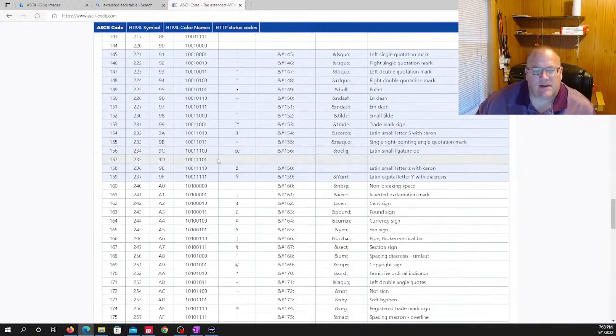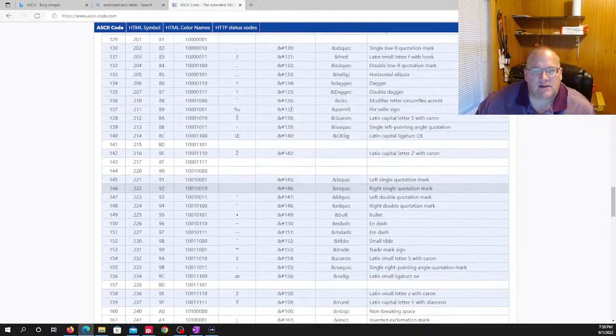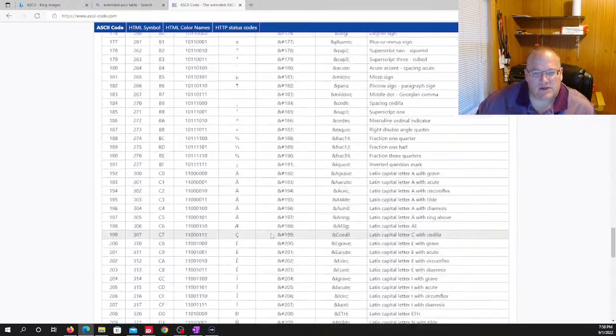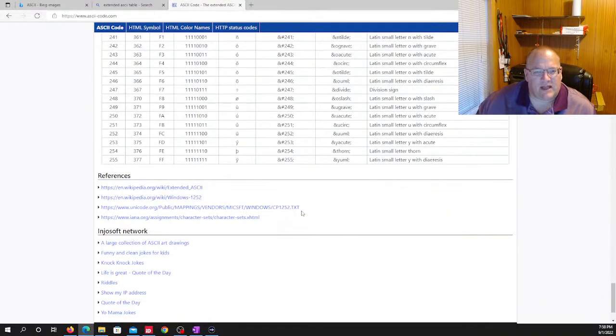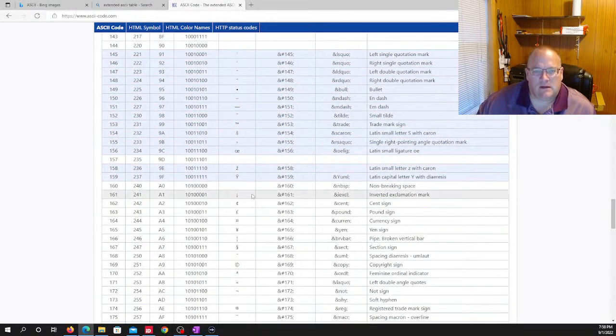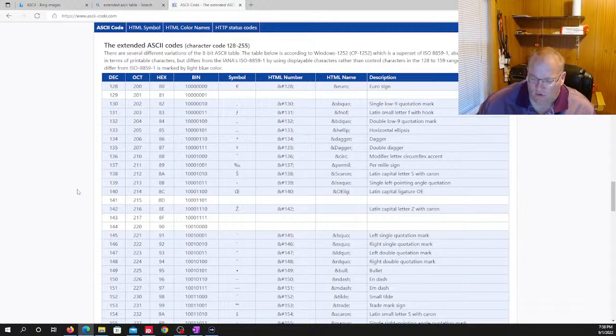Maybe something new will come along, like the euro symbol. And then there's these other spots that are blank as well. So there's very few blank spots. Okay. That gives us a lot more language. It gives us more languages. It gives us a lot more ability to do some of the words that we weren't going to be able to do. But there's still some characters that we know aren't there. Okay.